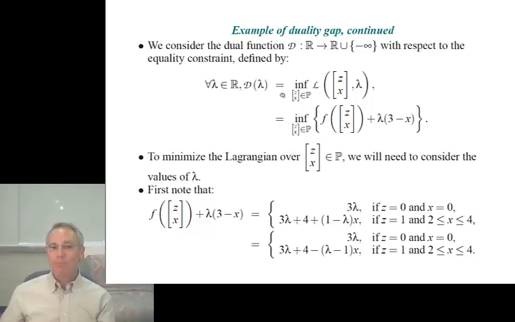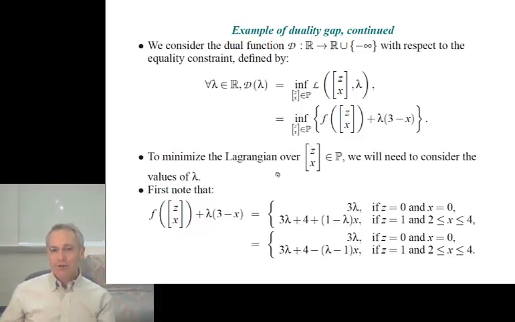So that means that my dual function is just a function of lambda, the dual variable on my equality constraint, 3 minus x is 0, and my Lagrangian is the objective plus Lagrange multiplier times 3 minus x. Remember, that means I'm going to keep explicitly the minimization over my feasible set of my generator. I want to, for any given value of lambda, minimize zx over p.